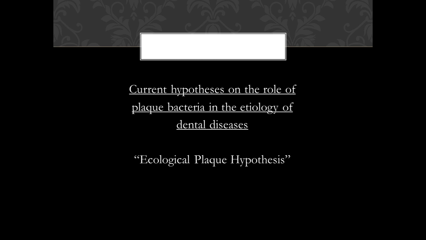Say, for example, if we take more fermentable carbohydrates in our diet, what happens? Automatically the bacteria start metabolizing these fermentable carbohydrates, leading to formation of acids, which lead to a decrease in the pH of the oral cavity.